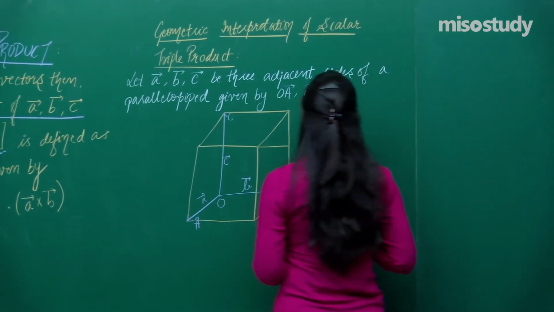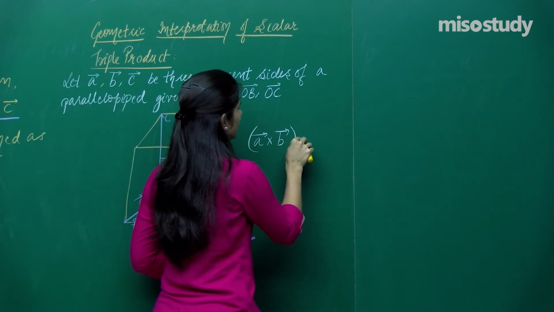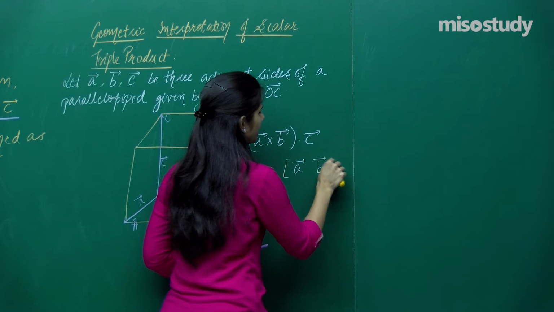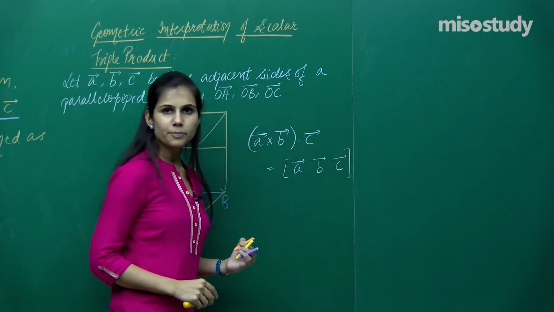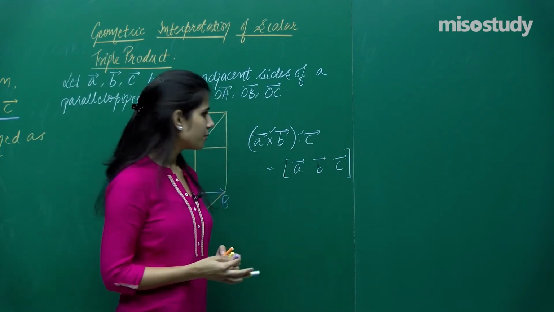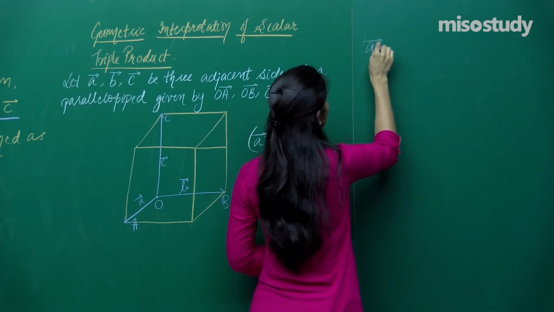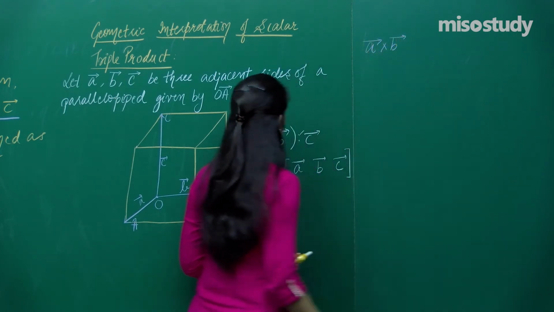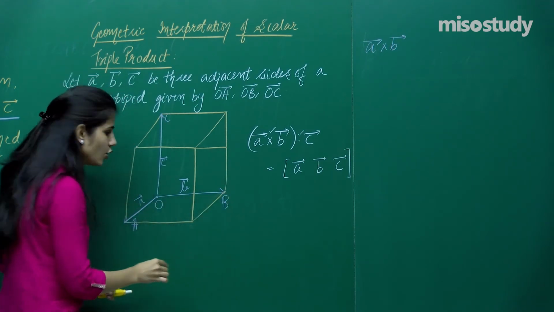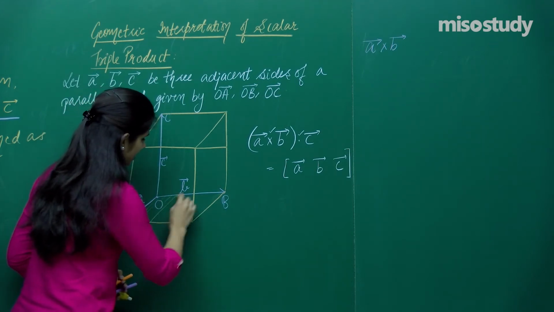See, first always remember that when I am talking about A cross B dot C, this is the scalar triple product of A, B and C. So scalar triple product is actually dealing with cross also and dot also. First let's talk about cross. What is A cross B? Now when I am talking about A cross B, I am only focusing upon this plane which is of A cross B. So I am talking about this.